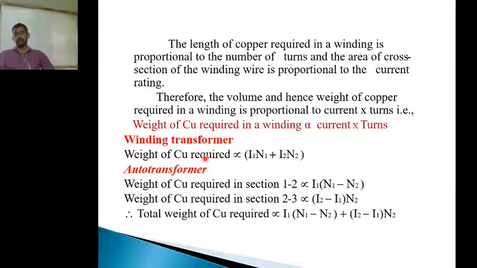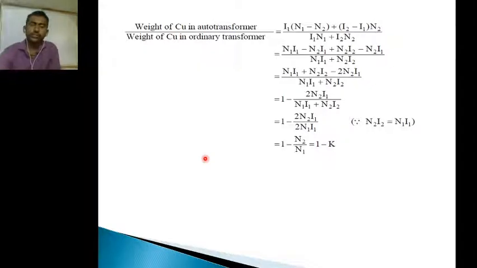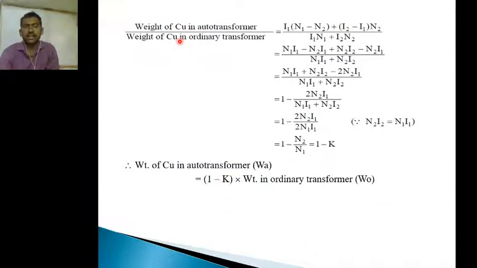Then the total weight of the copper required for the auto transformer is the combination of these two: I1 into N1 minus N2 plus I2 minus I1 into N2. So the ratio of the weight of copper in the auto transformer to the weight of copper in the ordinary transformer is I1 (N1 minus N2) plus (I2 minus I1) N2, divided by I1 N1 plus I2 N2.